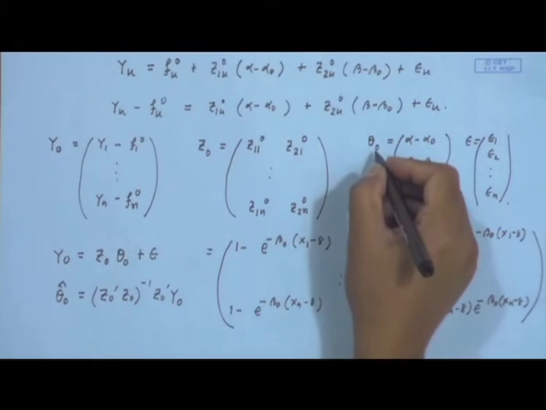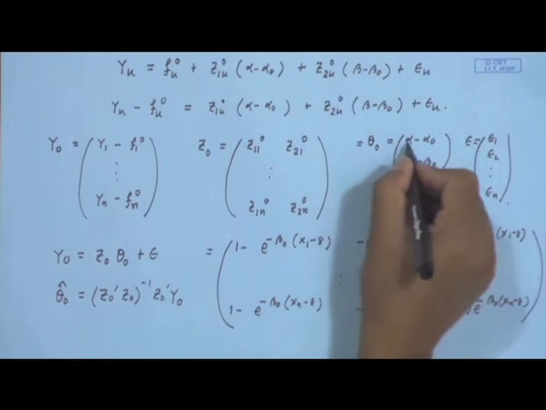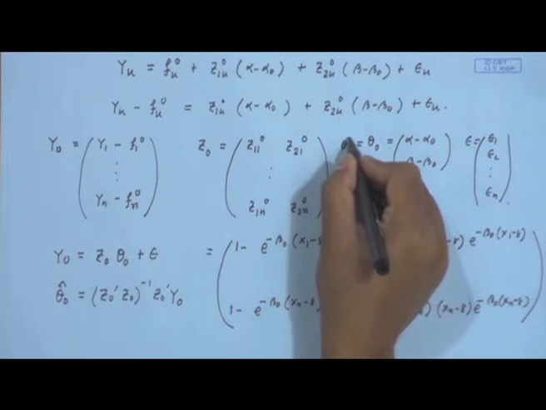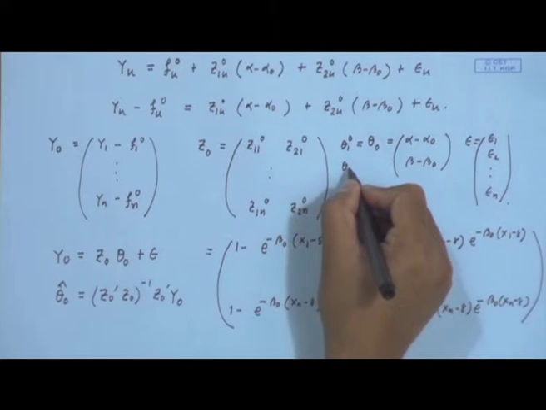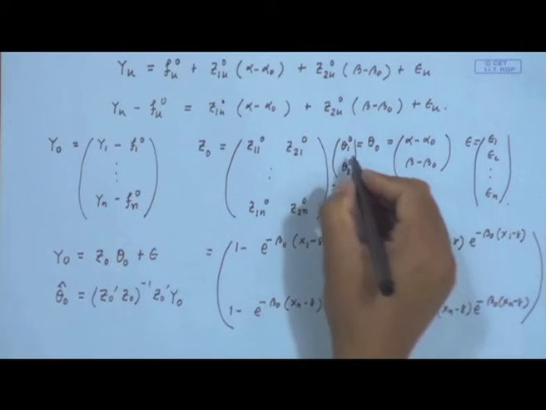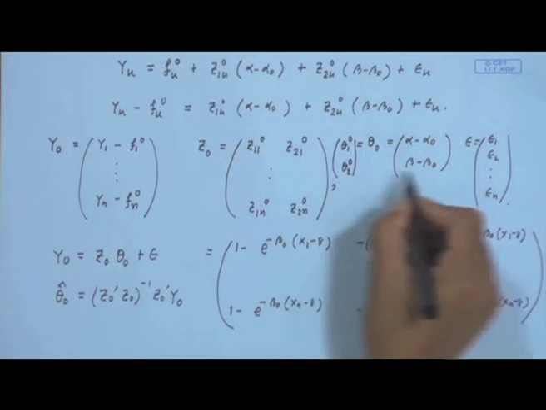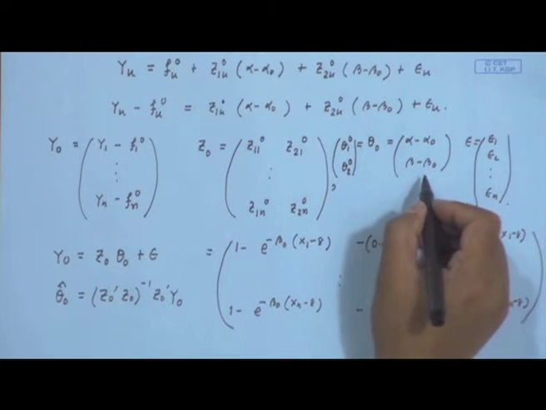Okay. So, let me put some more notation also. So, alpha minus alpha naught, I will call theta 1. In fact, too many notations for this nonlinear estimation. So, theta 1 naught is basically alpha minus alpha naught, theta 2 naught is basically beta minus beta naught.